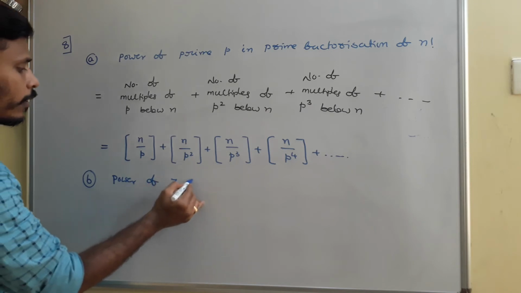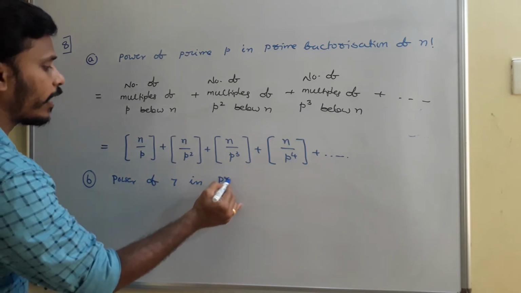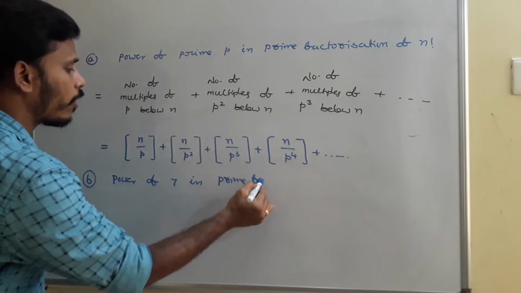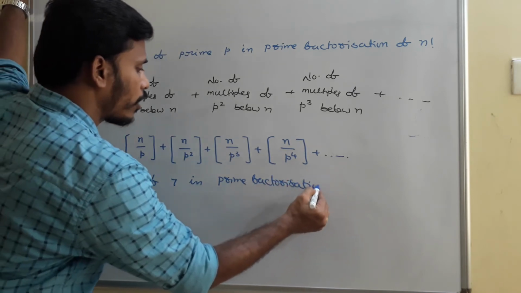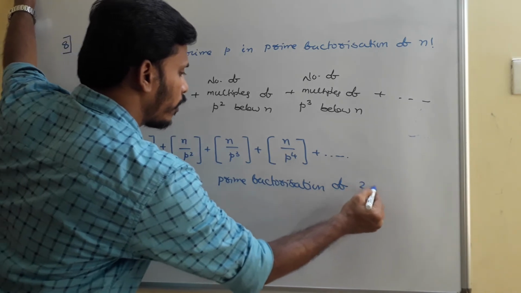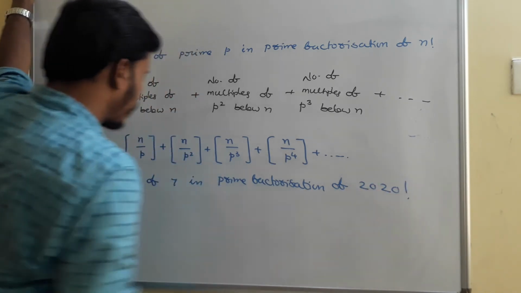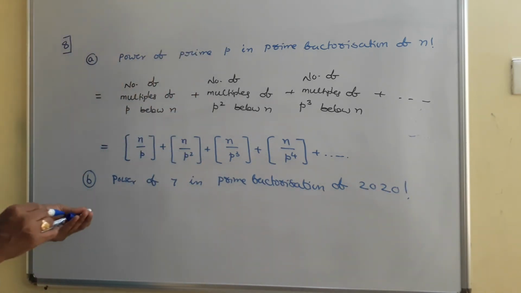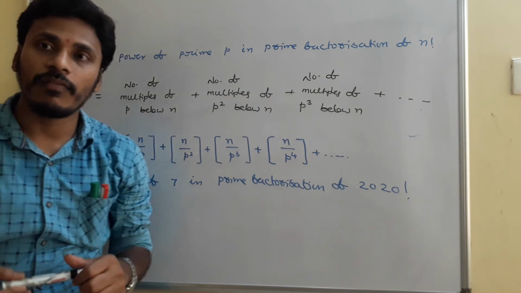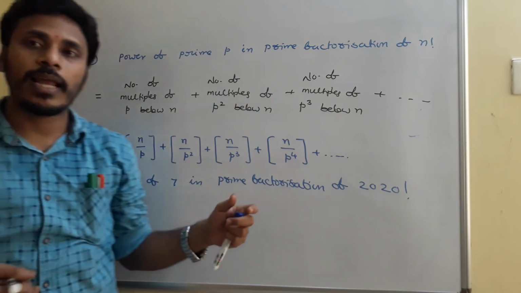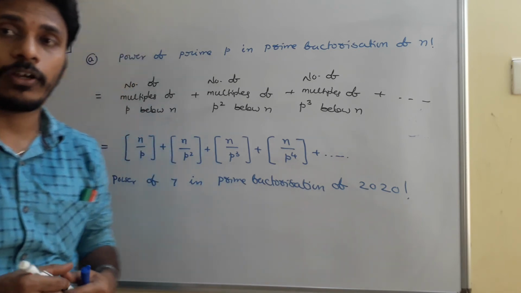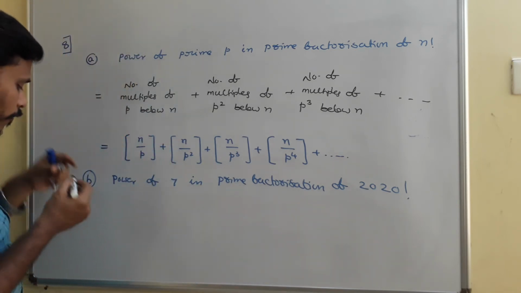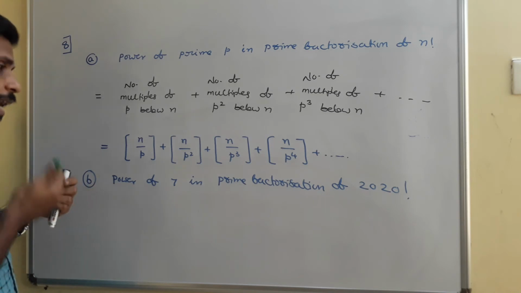Suppose you need to calculate the power of 7 in the prime factorization of 2020 factorial. In the previous case we analyzed 200 factorial, but here it is 2020 factorial, so the analysis is somewhat different and difficult, but the direct answer is easy.